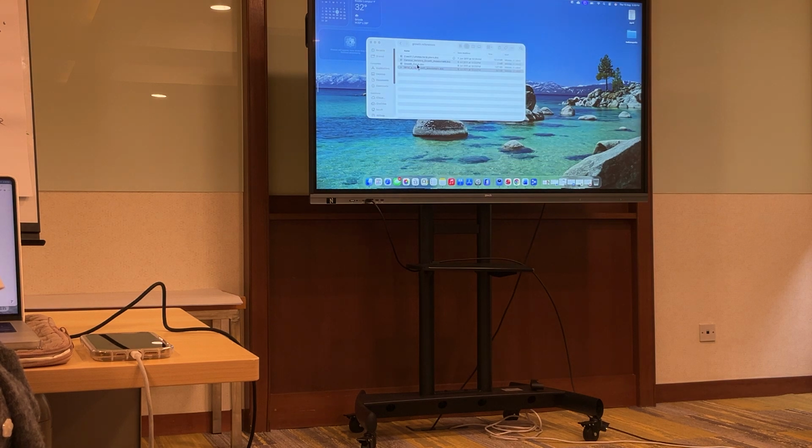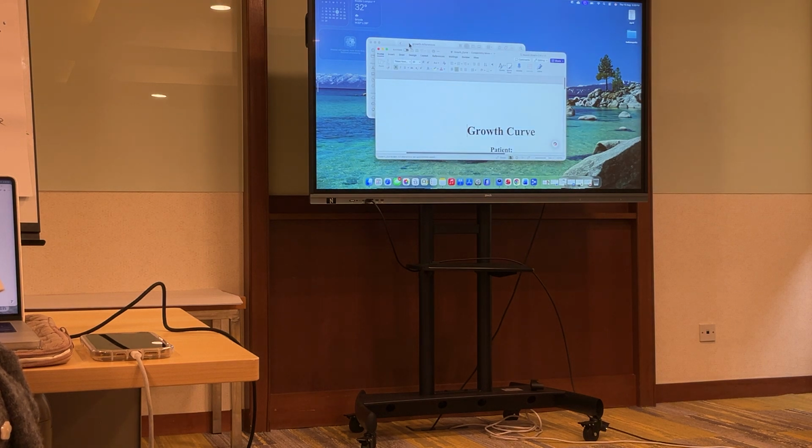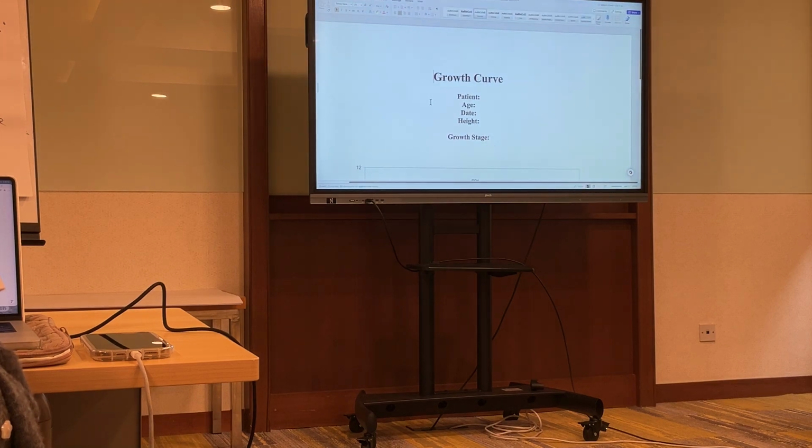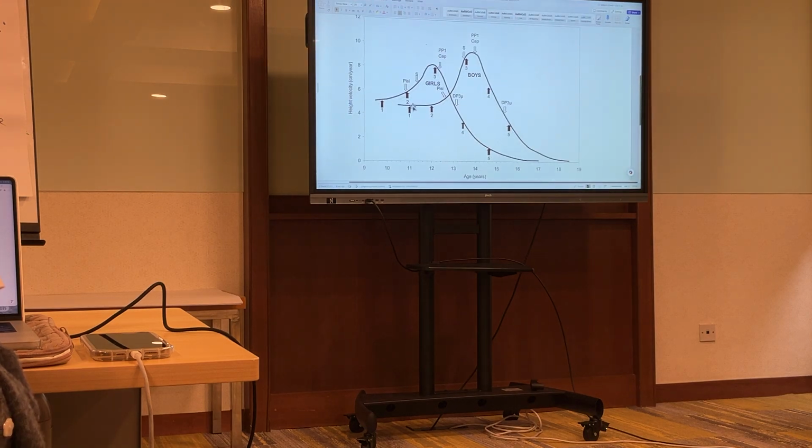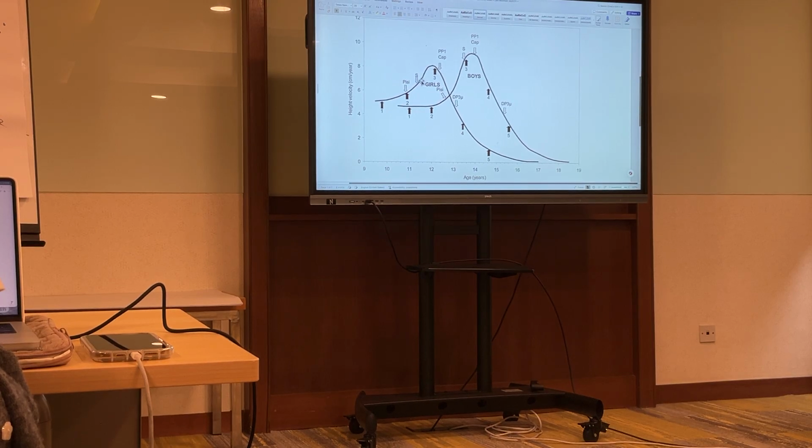Now let's look at the growth curve again. Does this make sense to you? Pisiform corresponds to stage 2. Sesamoid comes before the peak growth velocity for boys and girls. PP1 capping: PP1 means proximal phalanx 1. Proximal phalanx is the bone in the center, and 1 is your first finger, that's your thumb.